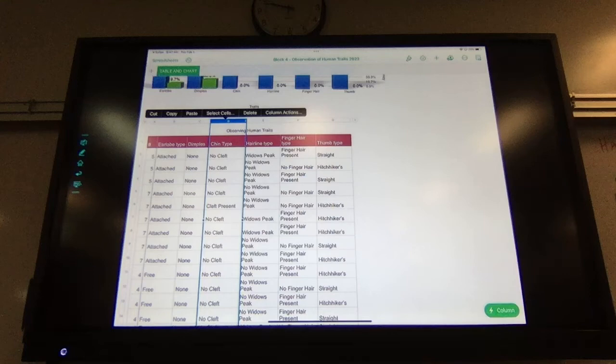That means 57 students don't have a widow's peak. 57 straight. So 57. I had built the formula before, and so I just hit enter, and it tells me the difference.